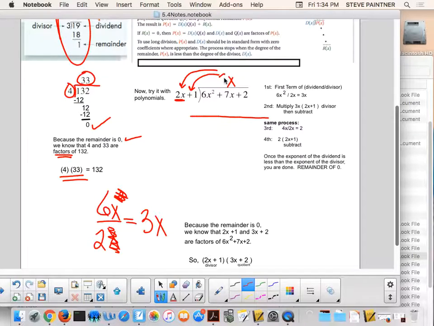That's a 3x. 3x times 2x is what? 6x squared, isn't it? Okay. 3x times 1. 3x. Okay. Got that? It's just what you did in 3rd grade, but you're getting polynomial answers.